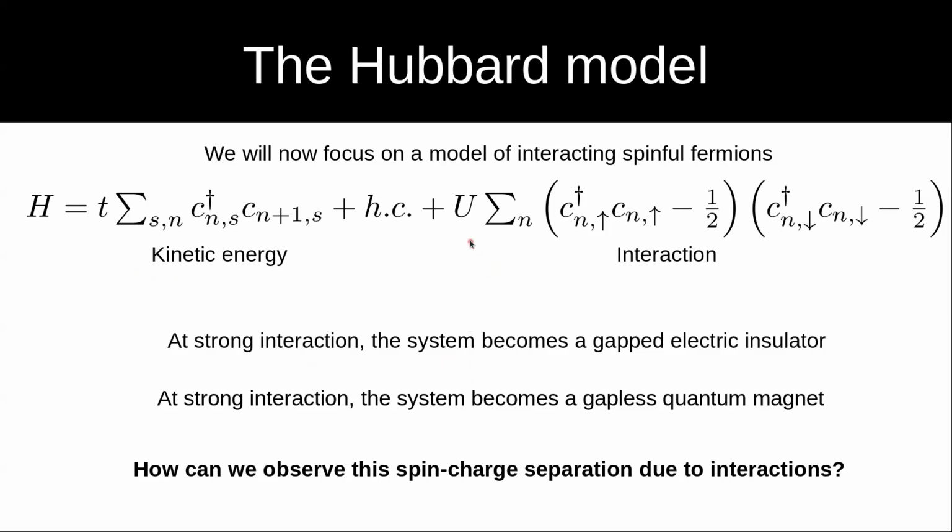So at strong U, two things happen at the same time. First, charge is gapped, so you need to pay a finite amount of energy to create a charge excitation, and spin is gapless, so you can pay an arbitrarily small amount of energy to create a spin excitation. So the practical question for us is how can we observe this spin charge separation using tensor networks, and in particular computing different expectation values.